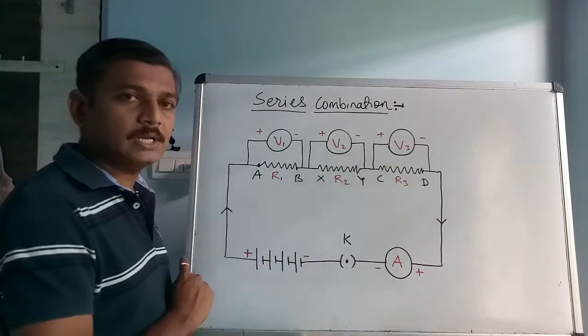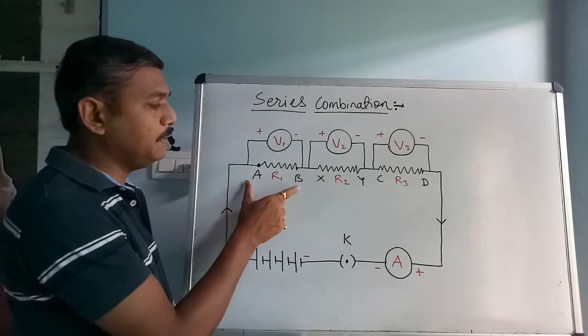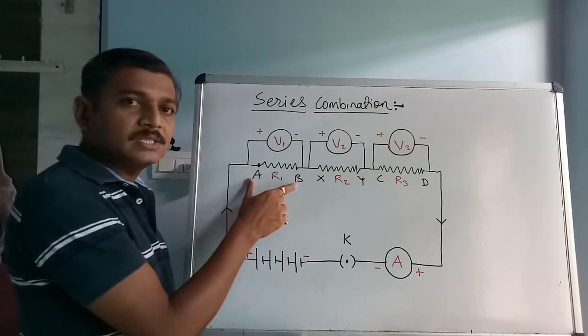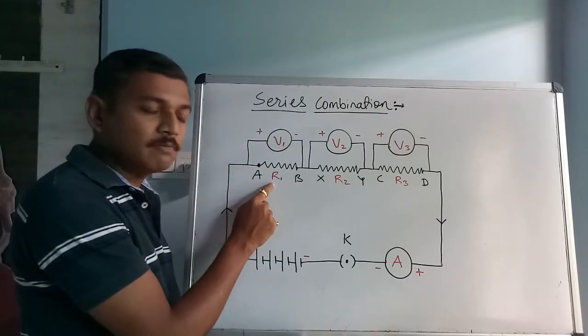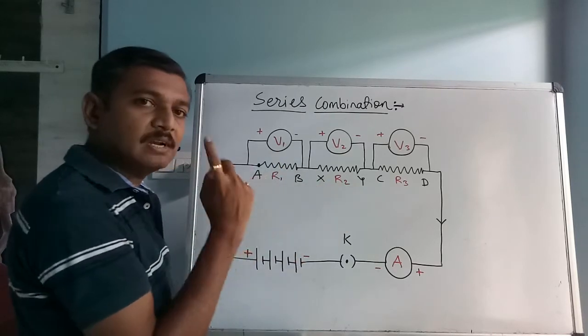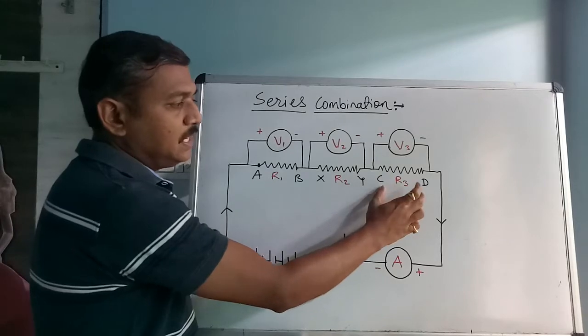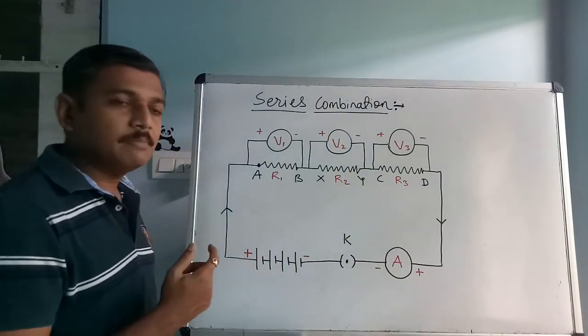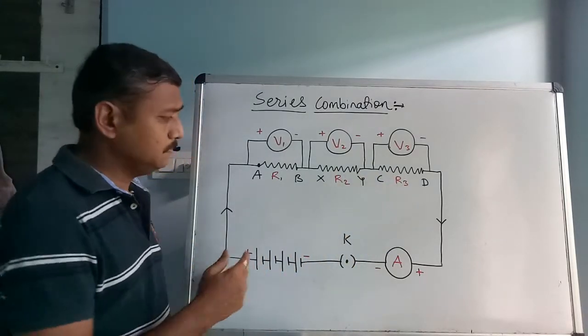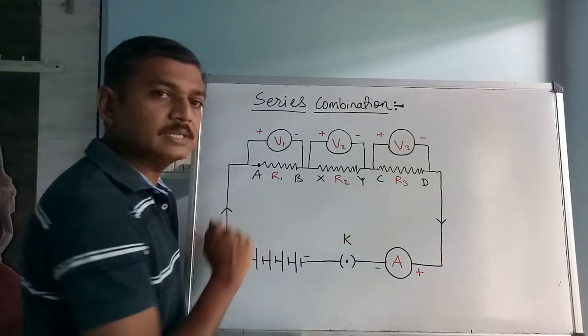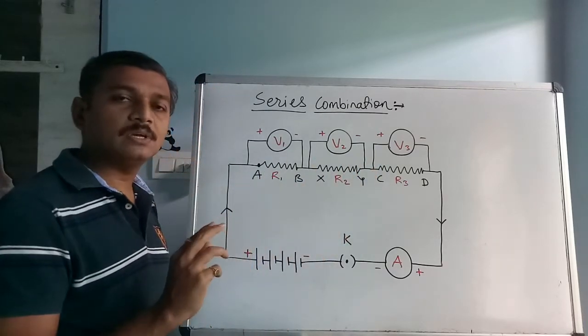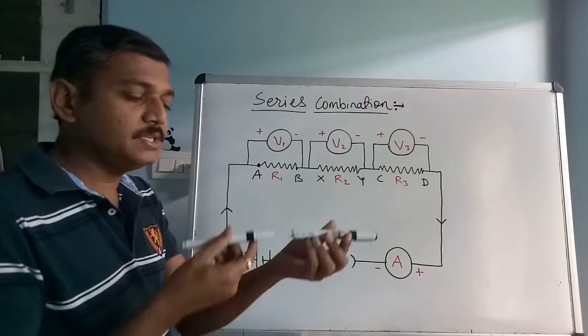In this circuit diagram, AB is a resistance, which we name R1. XY is a second resistance, which we name R2. CD is a third resistance, which we name R3.